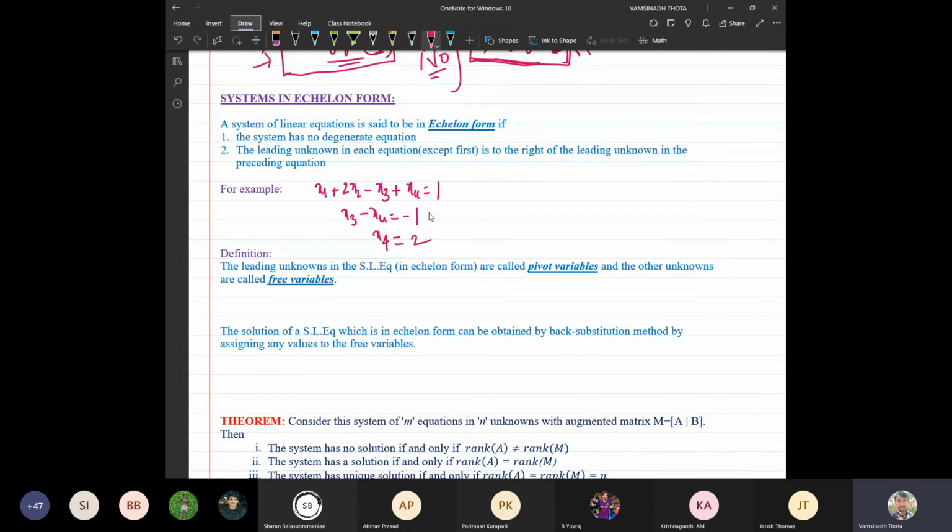How many equations? 3 equations. How many unknowns? 4 unknowns. Write the matrix form of the system. The matrix form is 1, 2, minus 1, 1. The second equation has x1 coefficient 0, x2 coefficient 0, x3 coefficient 1, x4 coefficient minus 1. Then 0, 0, 0, 1.